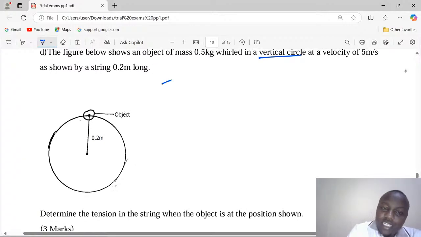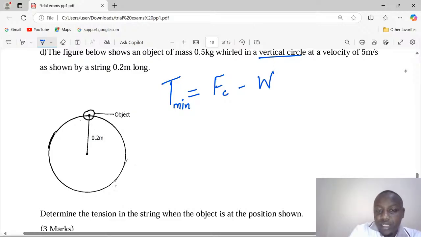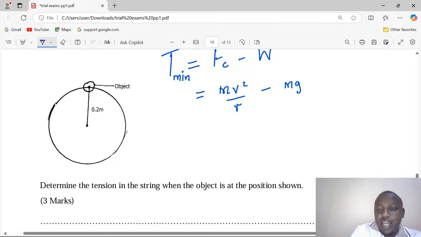So for us to get tension at the topmost, this is usually the tension minimum. It's given by centripetal force minus weight of the object, which means mv squared over r minus mg, because weight is given by mg.